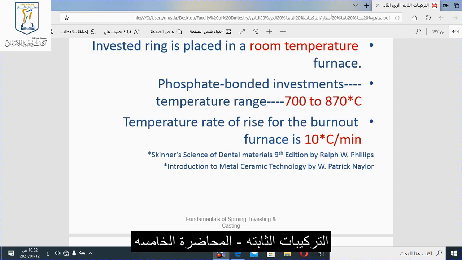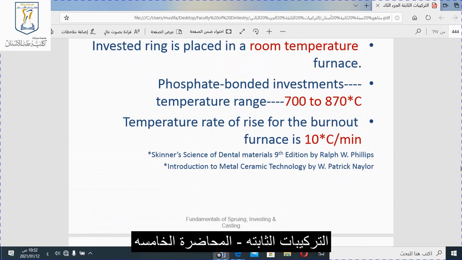So it must be 10 degrees centigrade per minute, because the investment material has low thermal conductivity. To prevent thermal shock, the temperature rise must be 10 degrees per minute.